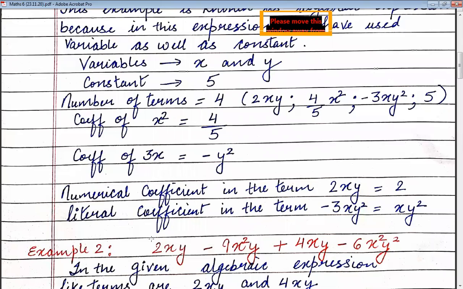Now children, let us take example number 2: 2xy minus 9x square y plus 4xy minus 6x square y square.